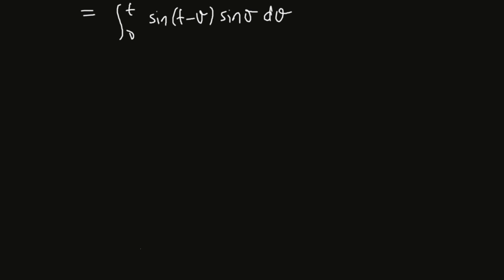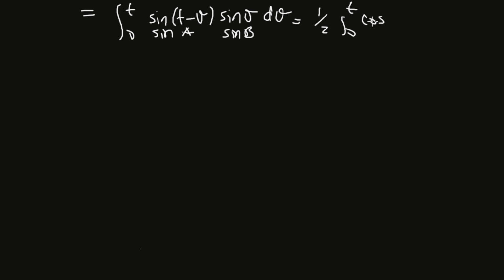We have sine times sine, so you know the trig identities, product to sum, that's the one we will use. So this is like sine of a and sine of b, so it's going to be half of cosine of a minus b minus cosine of a plus b.